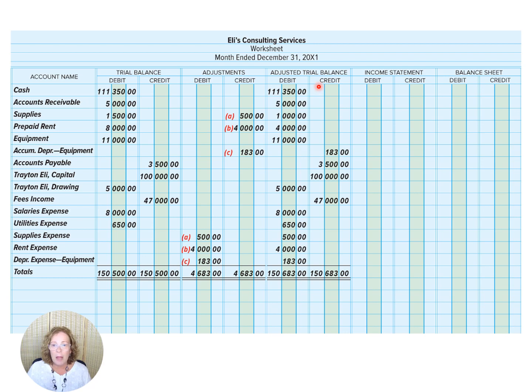The balance in the trial balance columns was $111,350. There was no adjustment in the adjustment columns, and therefore the amount in the adjusted trial balance columns is $111,350. When you've completed the adjusted trial balance columns, amounts for all accounts, total both columns and ensure that both debits and credits are the same.